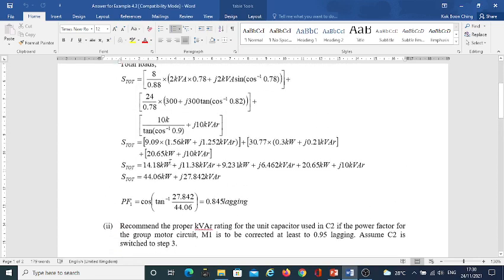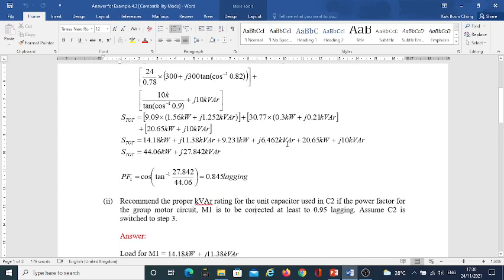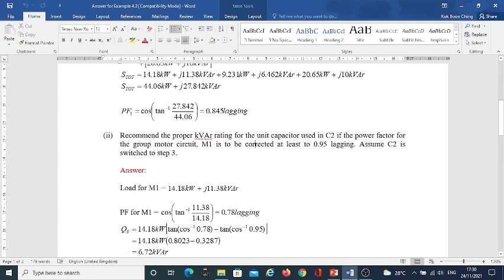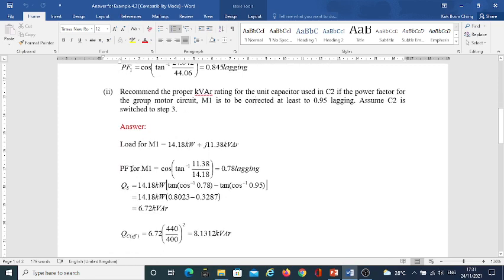The power factor for M1 is 0.78, so that is the initial. When we switch to step 3, it increases from 0.78 to 0.95, as stated here. So this is the original power factor, and this is the desired power factor.